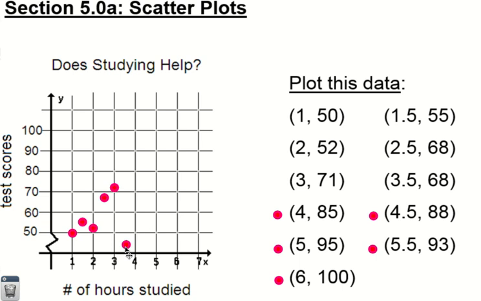And you don't need to be super exact. 3.5, 68. 4, 85, I believe is right there. 4.5, 88. Let's just say there. 5, 95. 5.5, 93. Right there or so. And 6, 100.